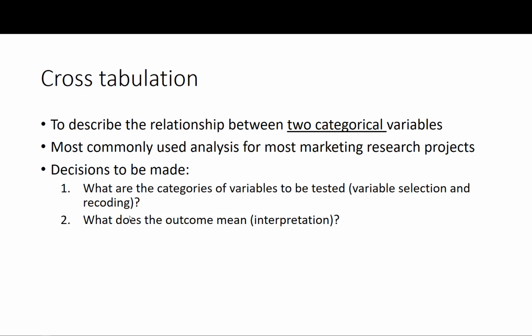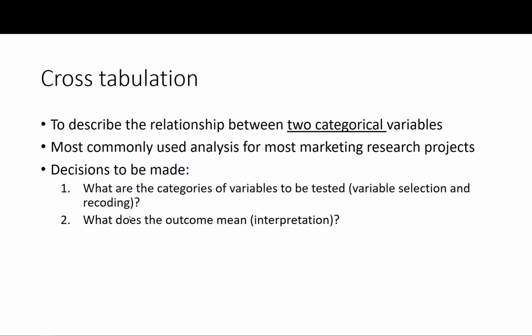The next thing we can do is a cross-tabulation in terms of descriptive statistics. This is used to describe the relationship between two categorical variables without testing necessarily for statistical significance between those variables.